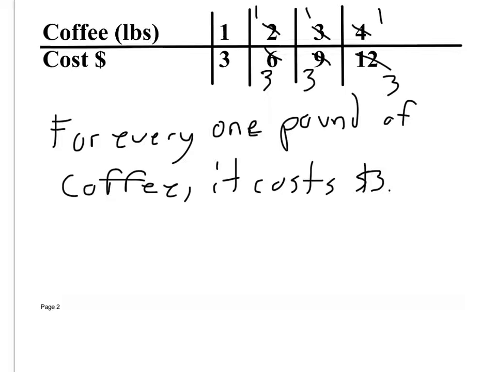One complete sentence explaining a proportion. Because for every pound of coffee, it is $3. 1 was 3, 2 was 6, 3 was 9. So for every pound of coffee you got, it was $3.